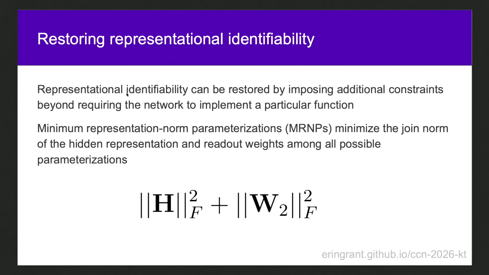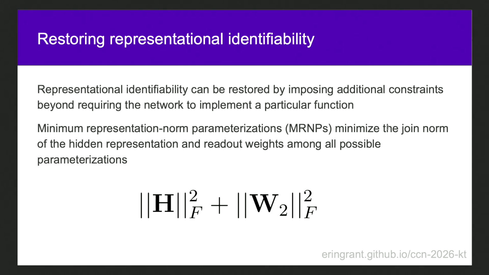So for example, we can restore representational identifiability by imposing additional constraints beyond requiring the networks to implement a particular function. So we don't only say you have to solve the semantic hierarchy task, but also you have to do it in a specific way. And one of those specific ways is a so-called minimum representation norm parametrization.